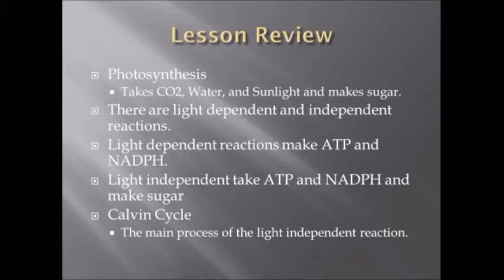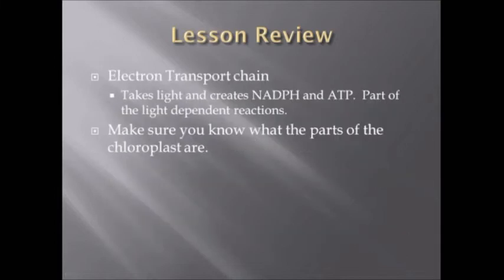The last part is the Calvin cycle. That's just a fancy way of talking about the light-independent reactions, because all the Calvin cycle does is take ATP and NADPH and turn it into sugar. And that's it. Oh, sorry, one more thing. There's the electron transport chain.